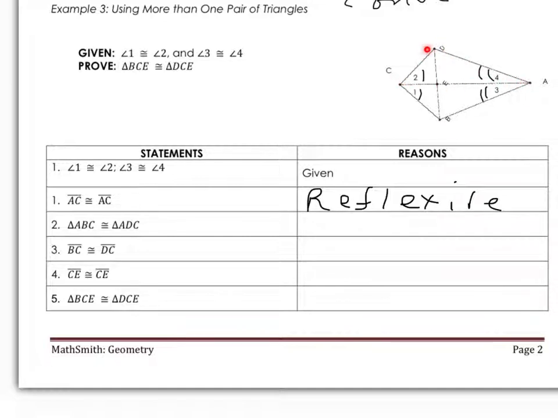It looks to me like we've got a side right here that's included between two congruent angles. These are congruent, and then I've got an included side. So that's the angle, side, angle congruence postulate, right?